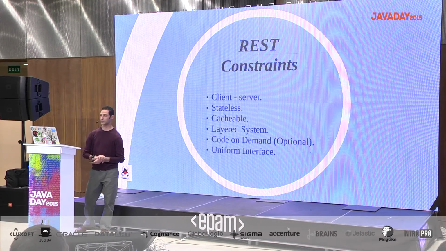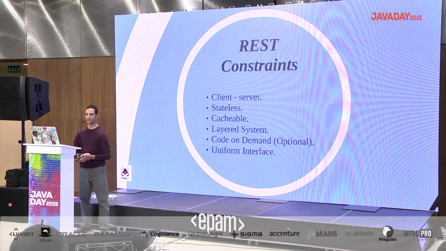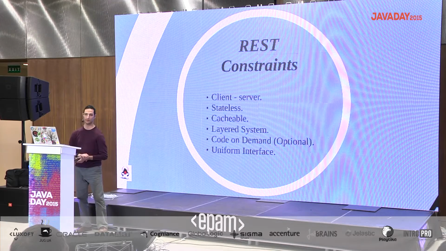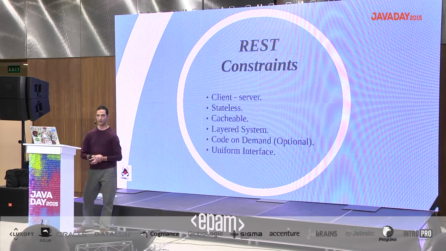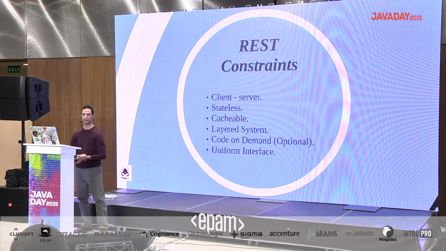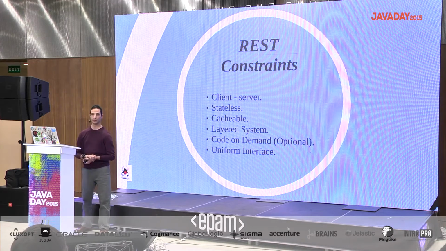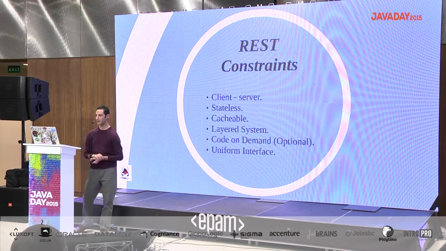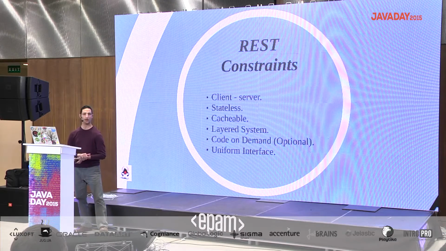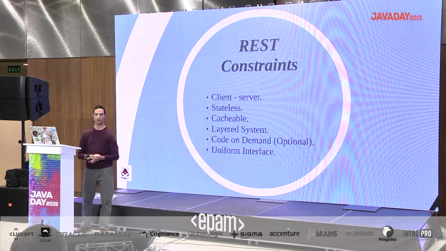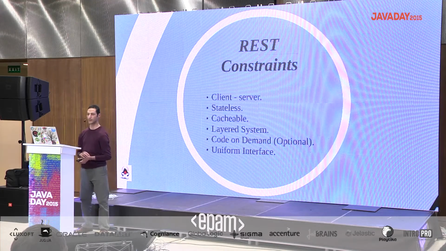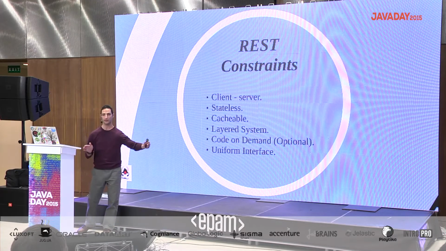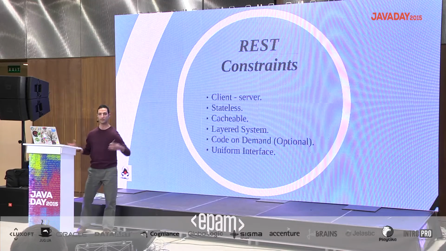The final point in our agenda is the REST constraints. These are design issues when you develop and publish your API, and you have to keep them in mind. REST is client-server based. It should be stateless. You need to make your services cacheable, and divide your system into layers so there is no dependency between the services.